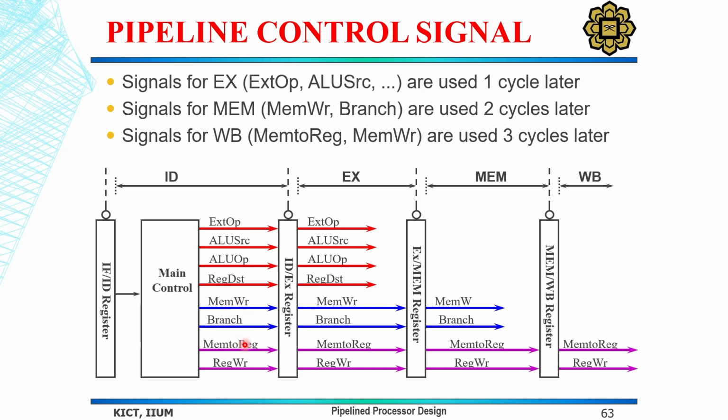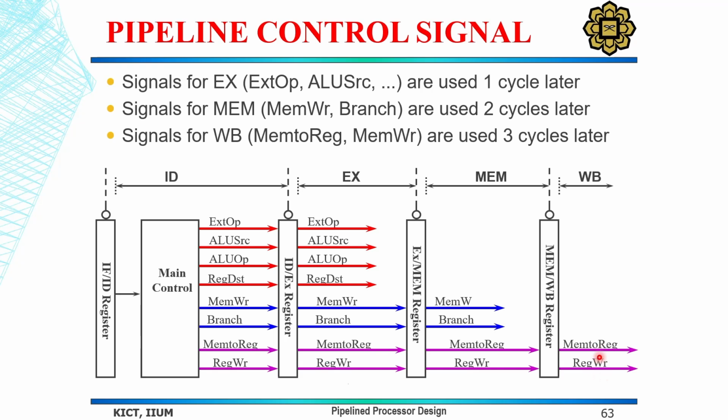The execute control signals, which are generated here, are used one cycle later in the execute stage. The memory signals, which are generated over here, are used two cycles later at this stage. And the write back signals are generated over here, but they are used three cycles later in the write back stage.